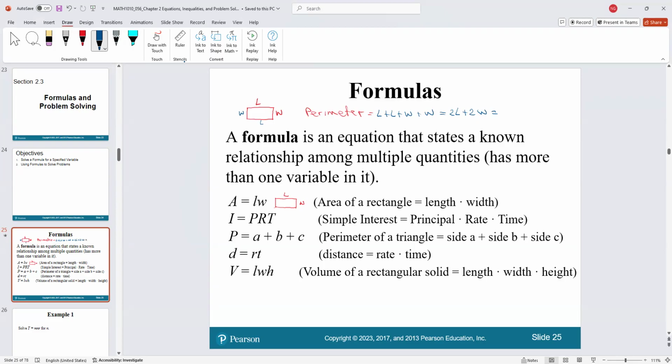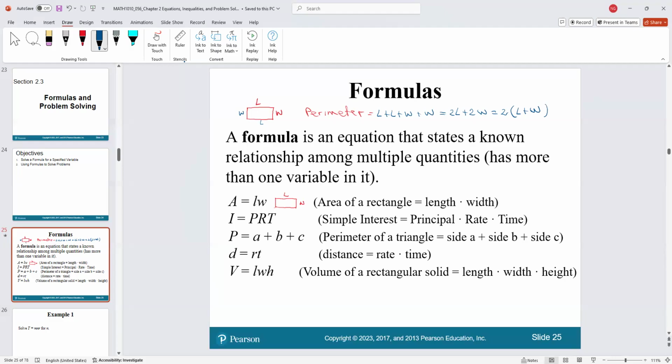So you can either say the perimeter of a rectangle is 2L plus 2W, or you can factor the common factor, which is 2. You say 2 times (L plus W) would be the formula you can use to compute the perimeter of a rectangle when you know the width and the length.